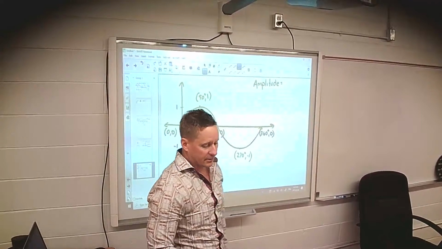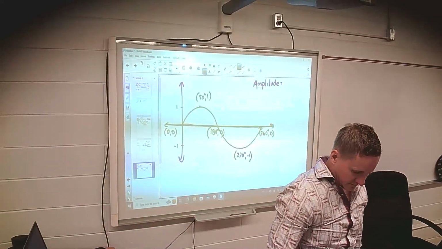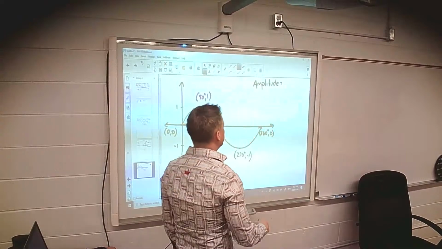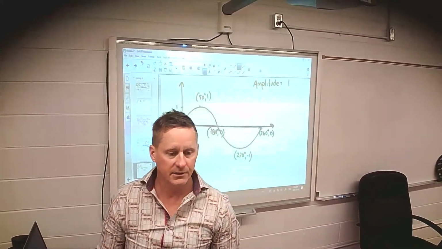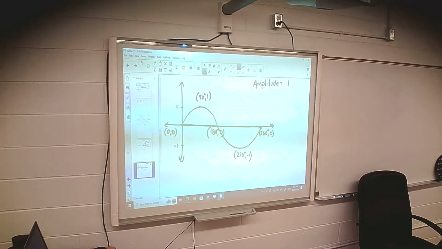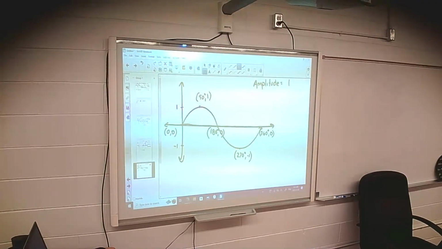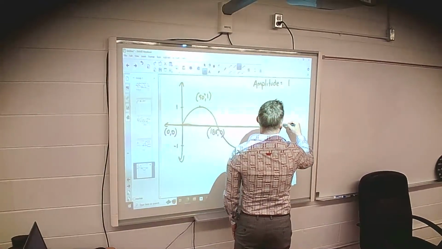That is your amplitude. Your amplitude in this graph is 1. The midline is the line that divides it in half. In that case, that line is y equals 0. Okay?